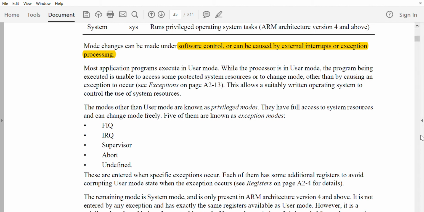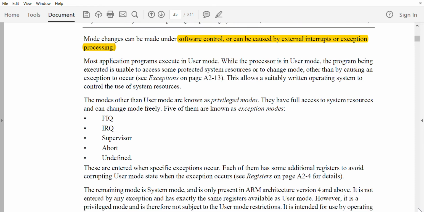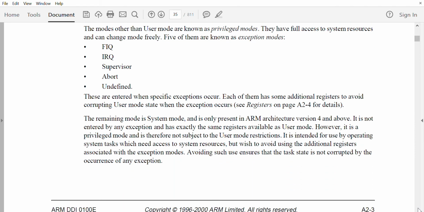Other than user mode, all the rest are privileged modes, and in the privileged modes, other than the system mode, the others are all exception modes. They have full access to everything, and they can change modes freely from one to another.